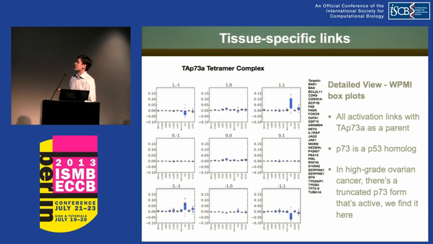We see that in ovarian cancer, there's a much stronger activation signal than in any of the other cancers. P73, it turns out, is a P53 homolog, and the doctors we talked to mentioned that in high-grade ovarian cancer, there is an alternative form of P73 that's very active, so that could possibly be what we're seeing here.